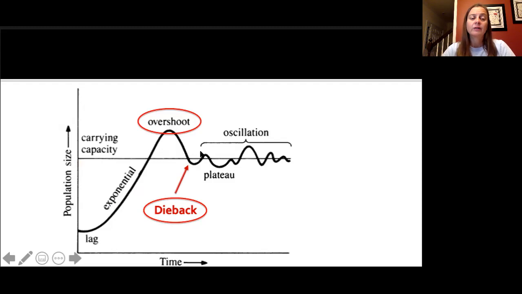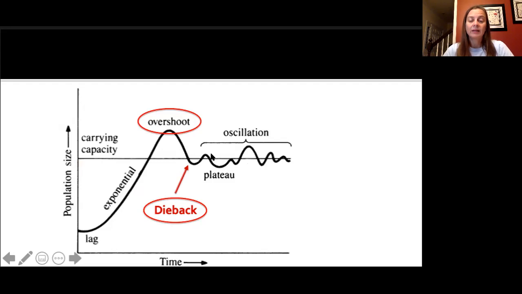Then generally in most populations, you're going to see this oscillation around carrying capacity, so that as many of the individuals die off and resources become more available, the population is going to increase again, and then we're going to have that die off again. And so we tend to oscillate around this plateau, and that plateau is carrying capacity. So be able to recognize this on a graph.